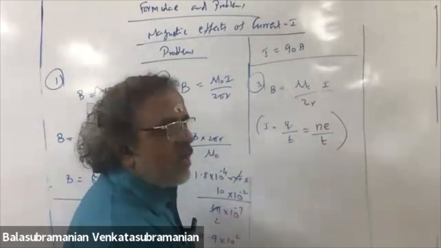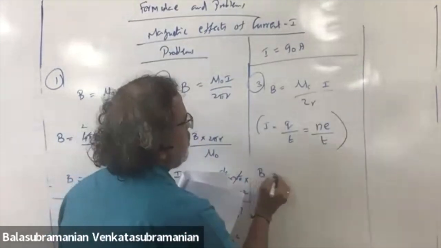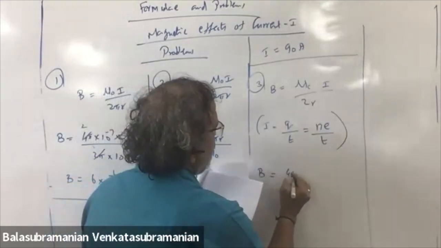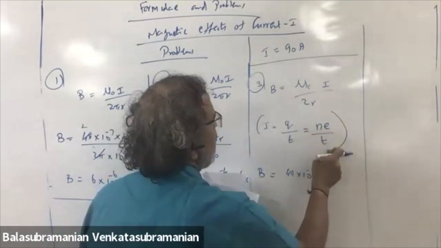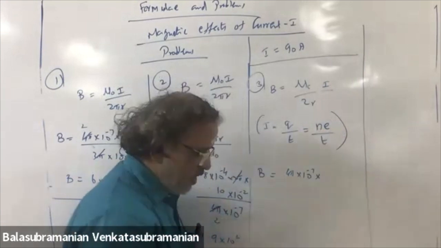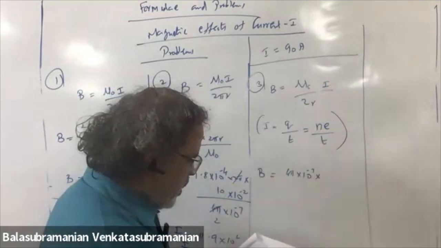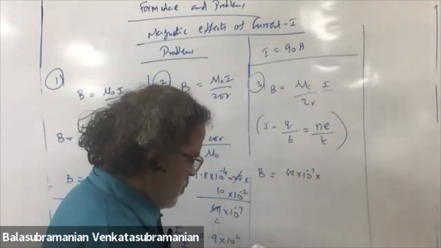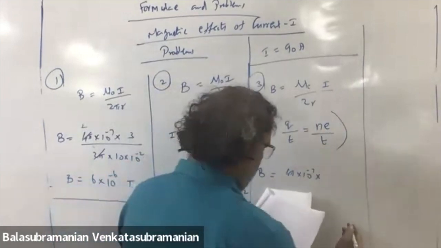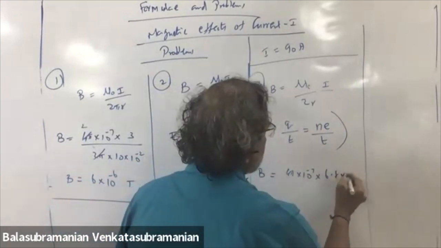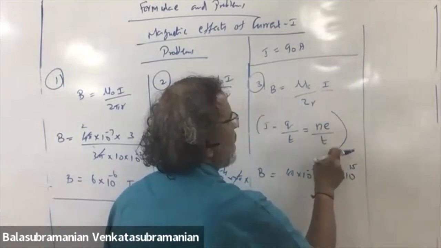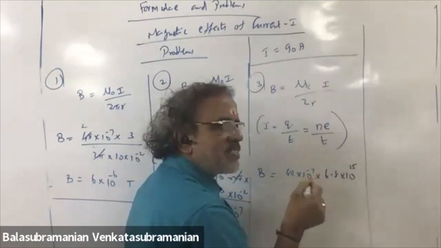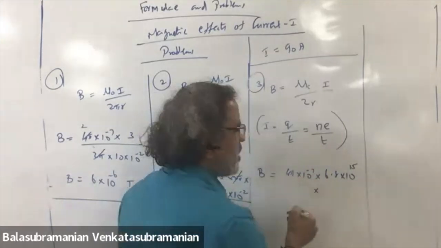E is 1.6 into 10 power minus 19. So B will be 4 pi into 10 power minus 7, I is N e by T. That is the frequency value 6.8 into 10 power 15 hertz into e. N by T is the number of electrons revolving per second.